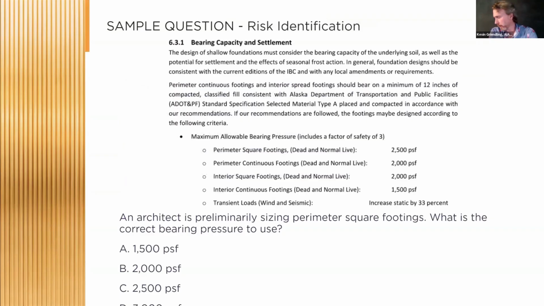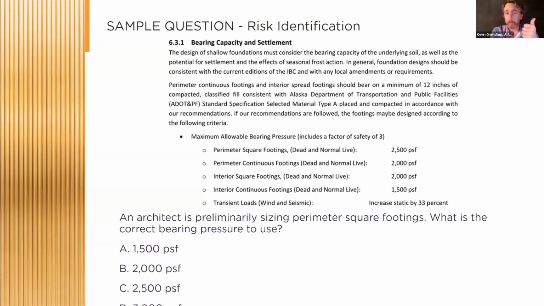And then I think this is the last one. Actually, it's not risk identification. This is soil bearing identification. Based on this excerpt, we have maximum allowable bearing pressure, whoops, my bad. I also messed up the text at the bottom. But there's a maximum allowable bearing pressure.